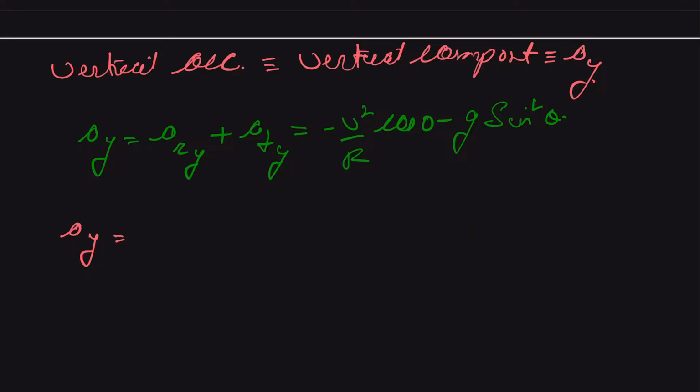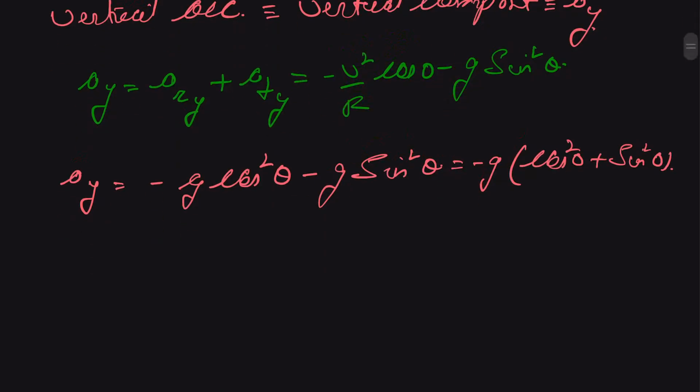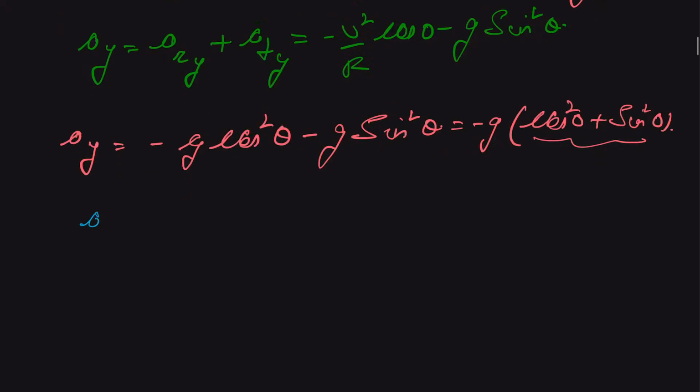So we put it here: minus g cos square of theta minus g sin square of theta, and taking minus g as common, this becomes cos square theta plus sin square theta. Obviously this is equal to 1, therefore we get that a of y is equal to minus g.